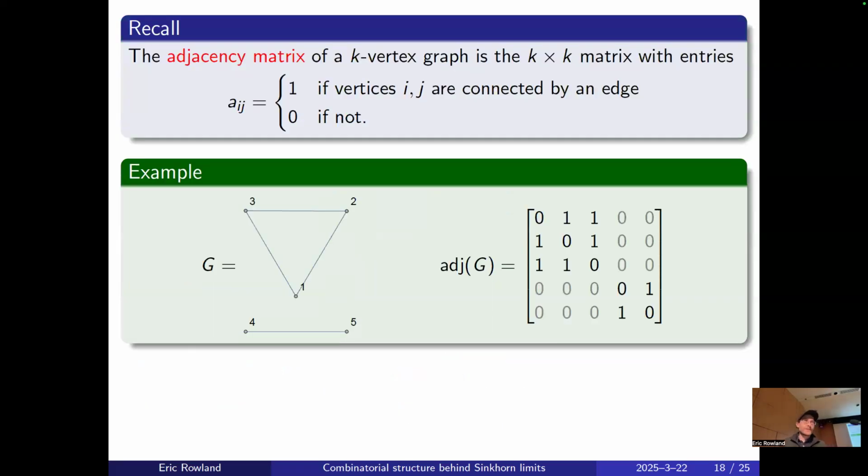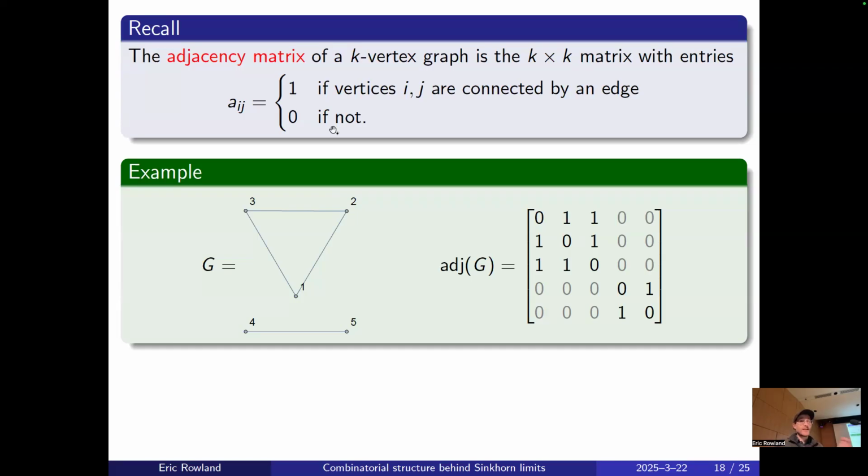So let me remind you what an adjacency matrix is, in case you haven't seen it in a while, just for a graph, because I said we're looking for adjacency-like matrices, and the reason we know that is because of the way that adjacency matrices behave. So for a k vertex graph, the adjacency matrix is a k by k matrix with entries 0 or 1.